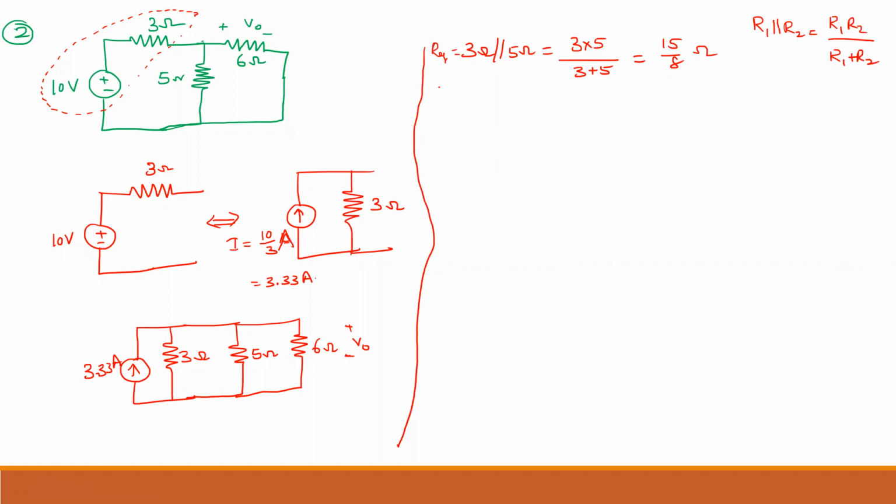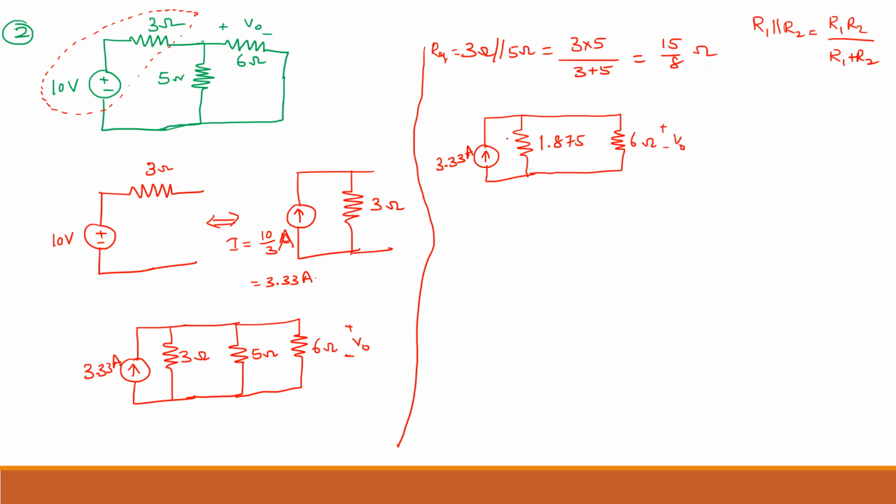Now this will become a current source of 3.33 amperes and a resistance of 15 by 8. 15 divided by 8, you will get 1.875 ohm, and 6 ohm is the one more resistor where I have to find the voltage.